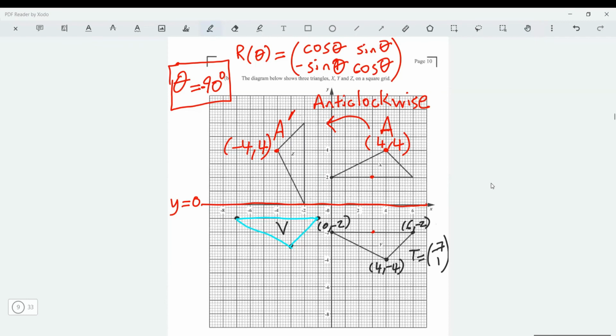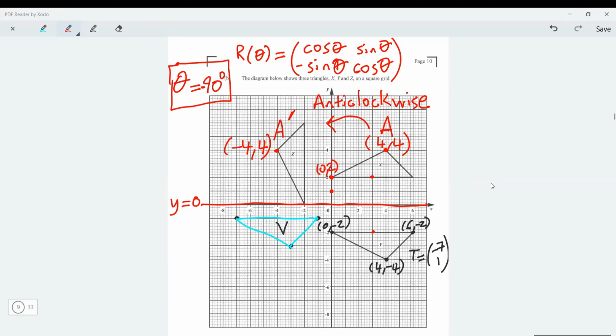We're going to scale it down by a half. Let's use red to scale it down. So this right here, I have coordinates 0, 2. If you multiply 0, 2 by a half, 0 times a half is 0. 2 times a half is 1. So that new point will be 0, 1.